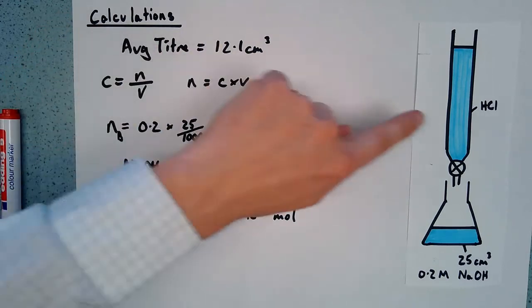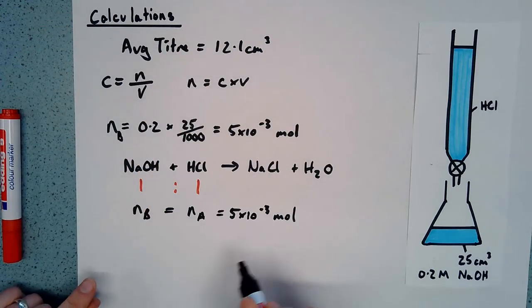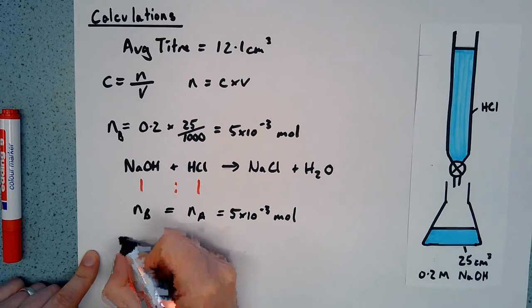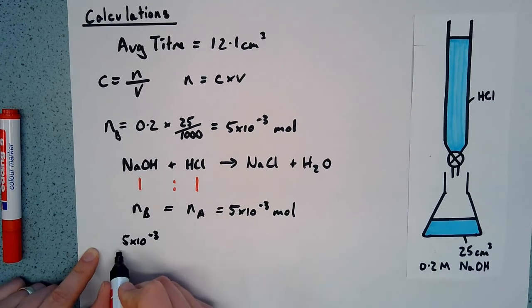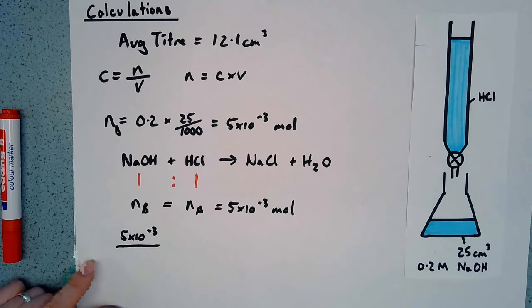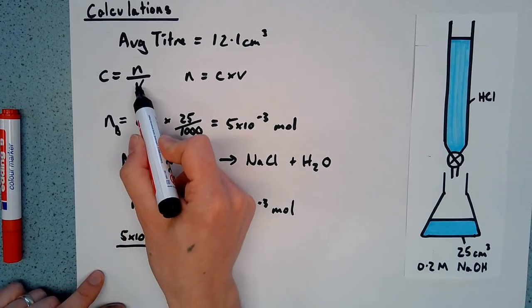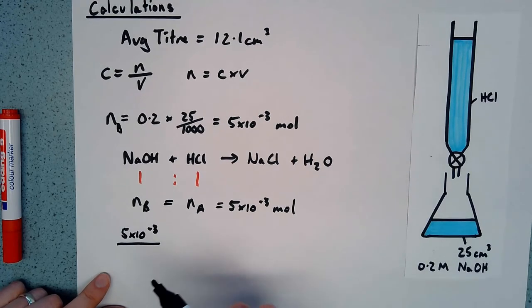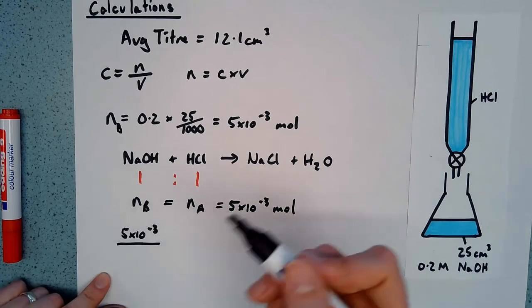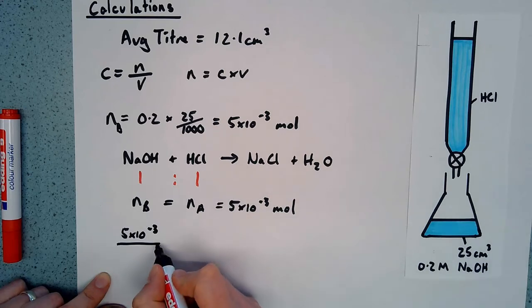That is the volume of acid, so the concentration is 5 times 10 to the minus 3 divided by the volume, and the volume here is 12.1 divided by 1,000, and there are various different ways of writing that.